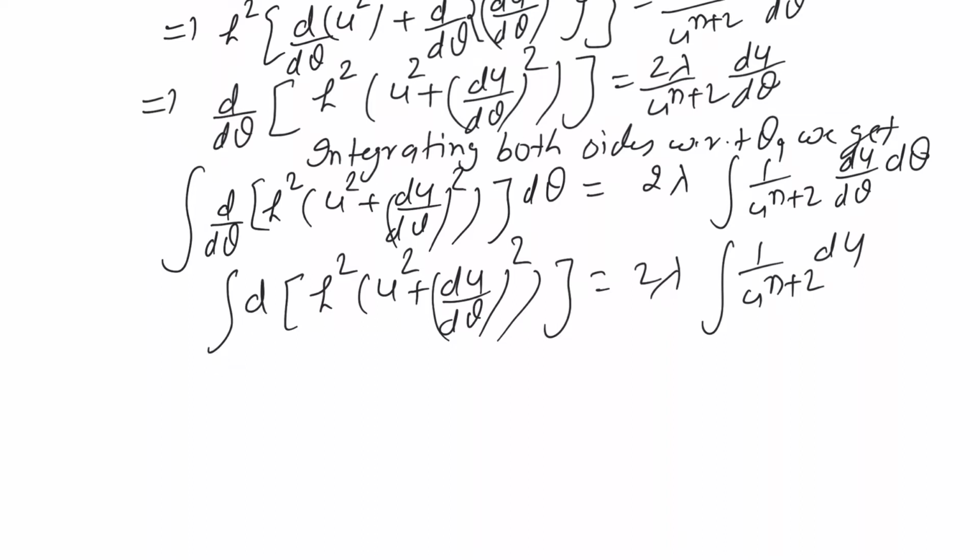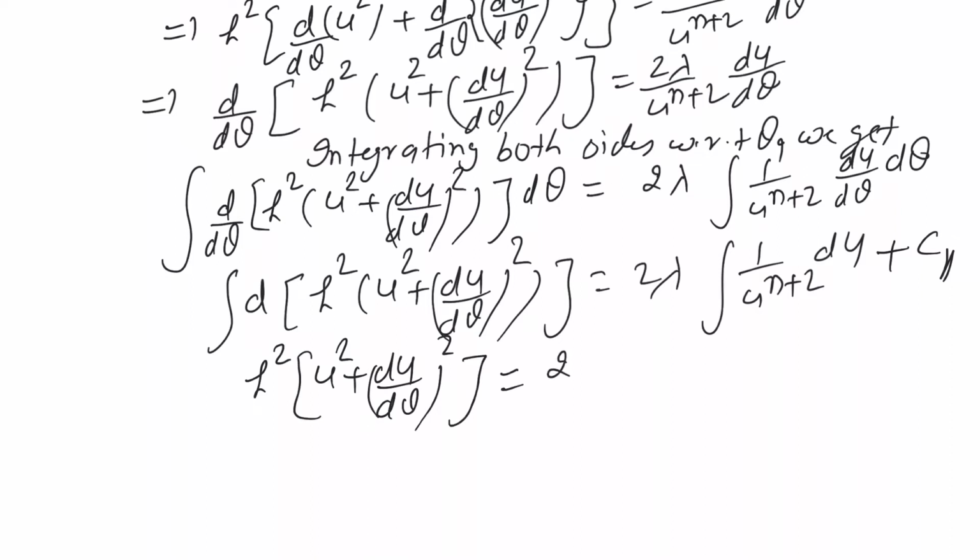So this will cancel out, and we should add an arbitrary constant c1. So this will be h square u square plus (du/dθ) whole square equals 2 lambda times u raised to the power minus n plus 2 plus 1, divided by the integration.